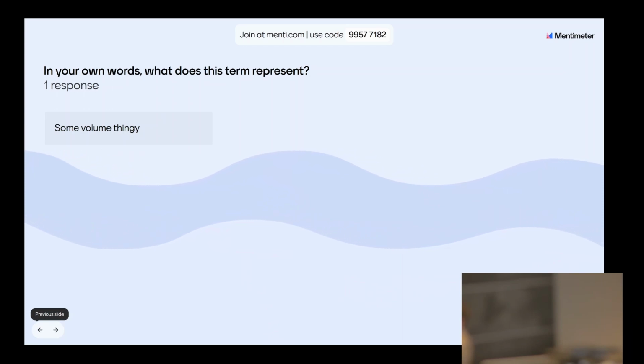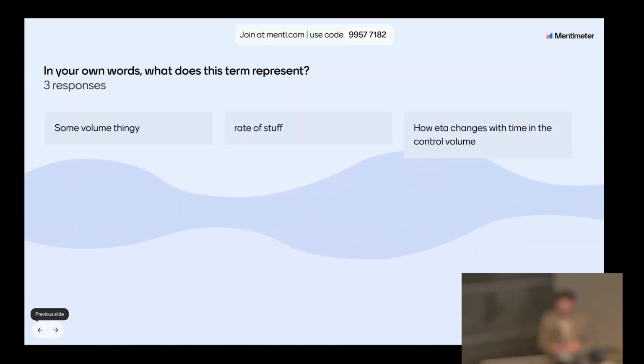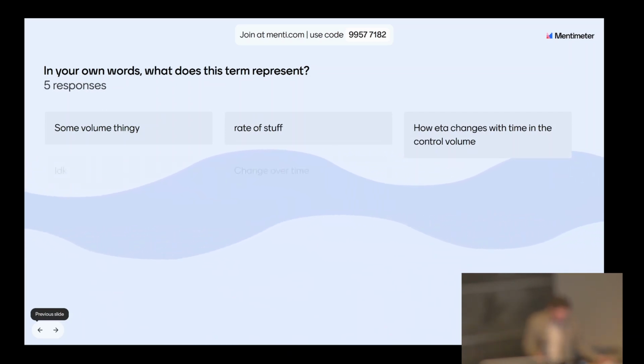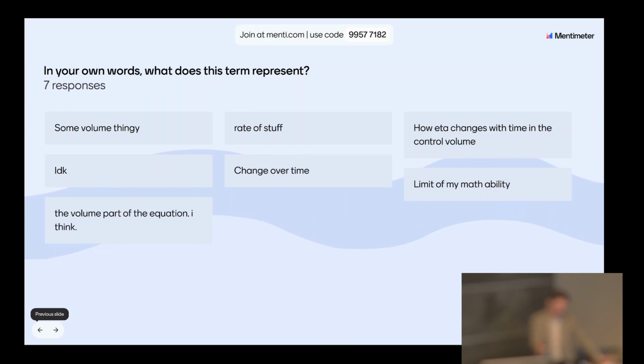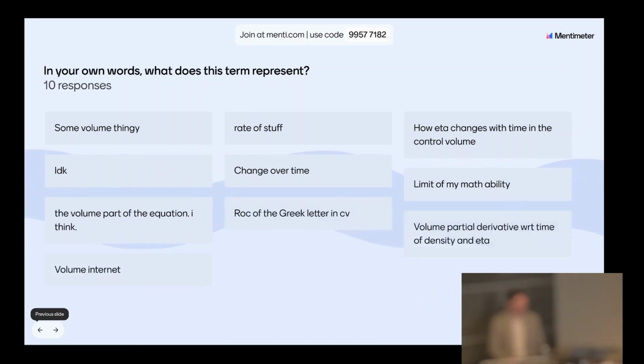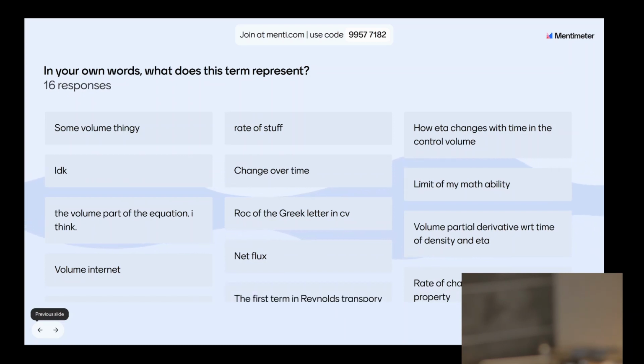Unfortunately, it disappeared, but this is the first term in the Reynolds transport theorem, the volume integral term. Some of these are creative. I would not say you have a good understanding of what this term represents based on this whole.